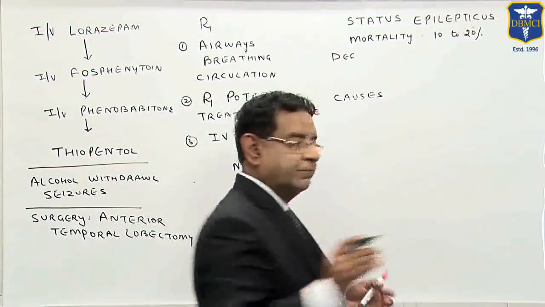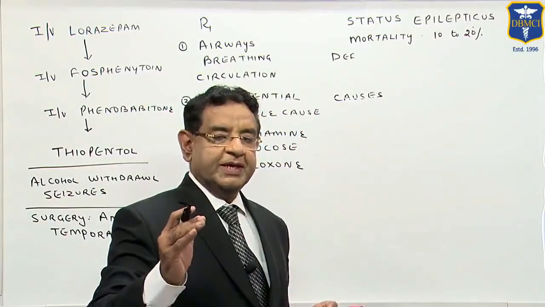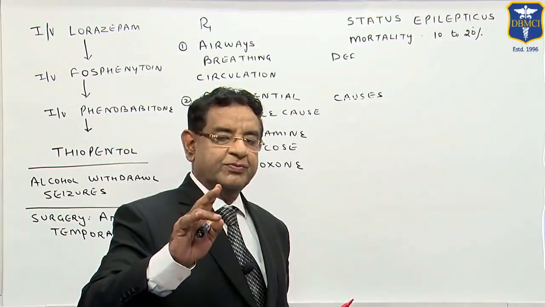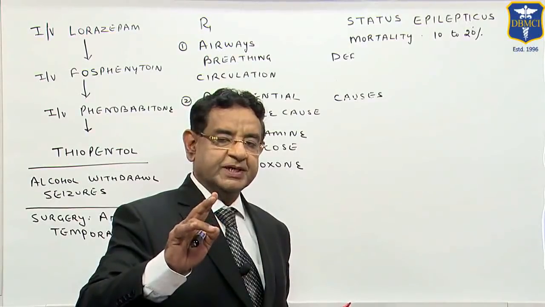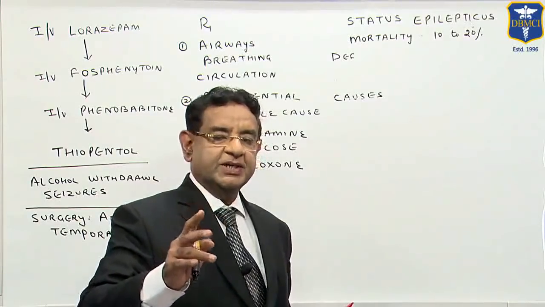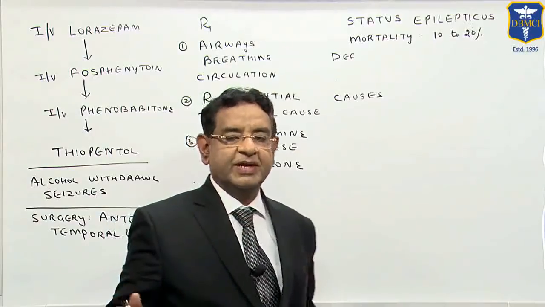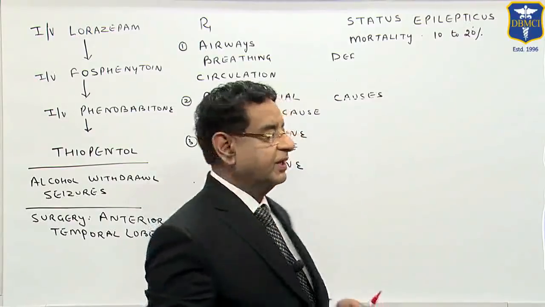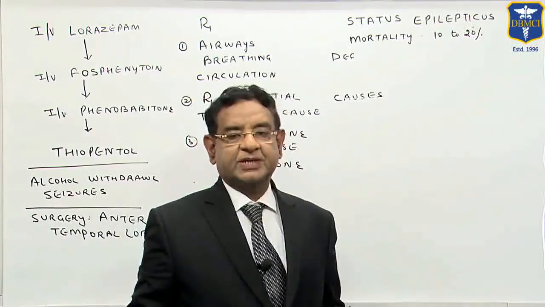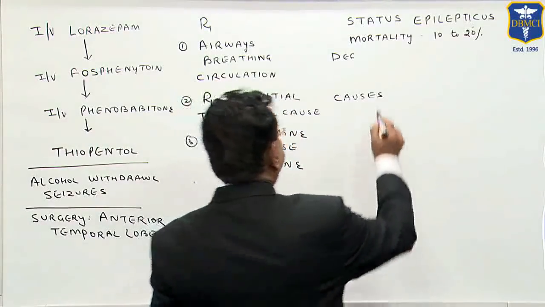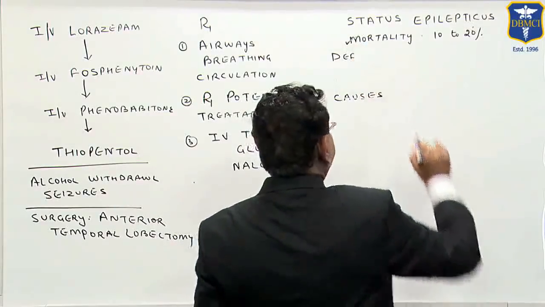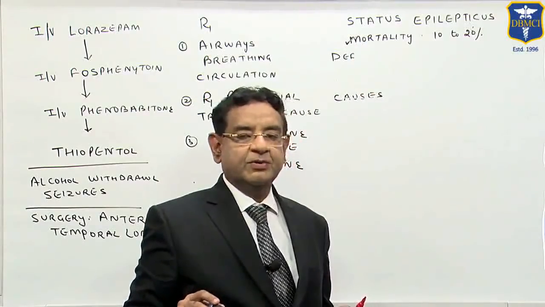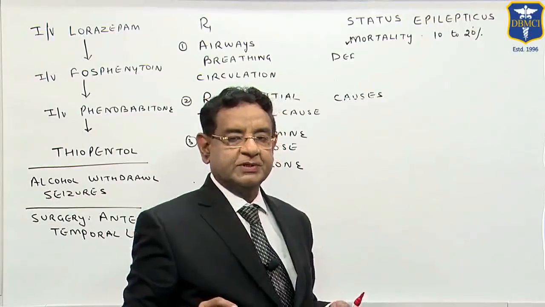I have already told you: the patient has 2 episodes of seizures within 30 minutes without the patient regaining consciousness in between. It's a very serious condition because mortality may be as high as 10 to 20%.